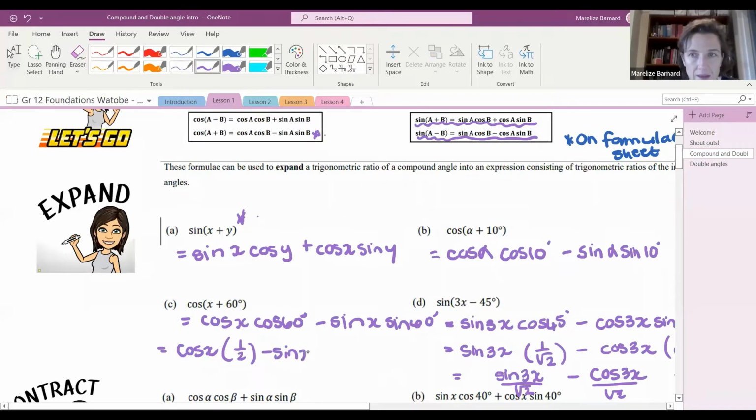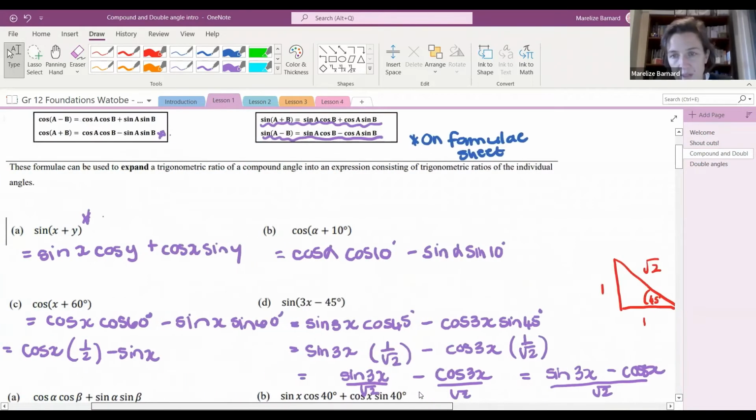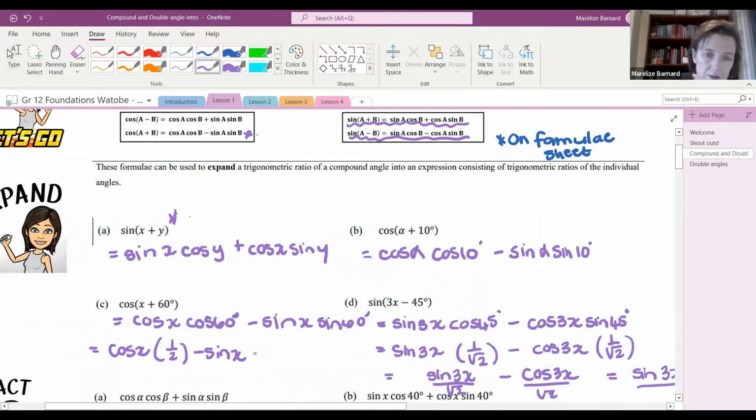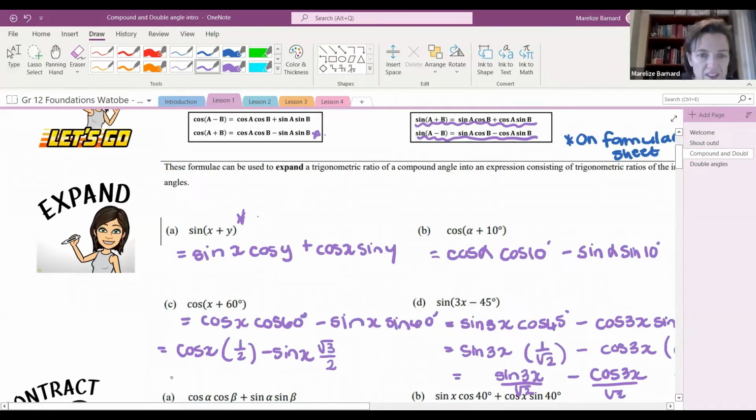And then sine x, sine of 60 is opposite over hypotenuse, so that's root 3 over 2. Okay, so it's not really making anything that much more simple. We just have cos x minus root 3 sine x, and we'll put it all over the denominator too.